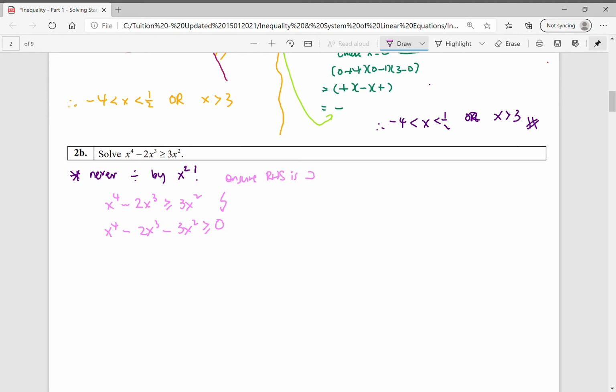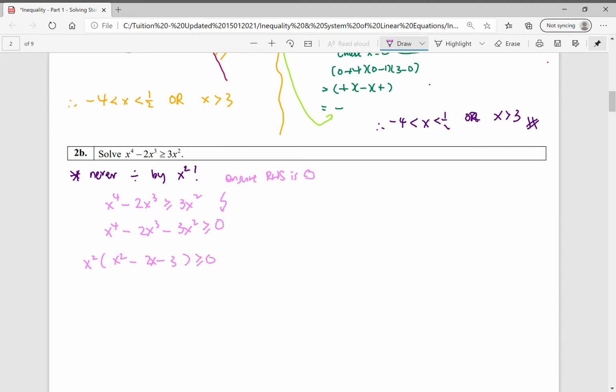Why 0? Because it'll be easier to solve subsequently. Once this is done, as usual, we're going to do a factorization. It's pretty easy. Take out the x square: x squared times (x squared minus 2x minus 3), over here, greater than or equal to 0.